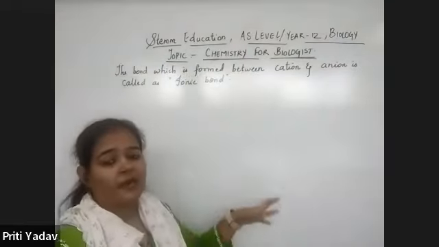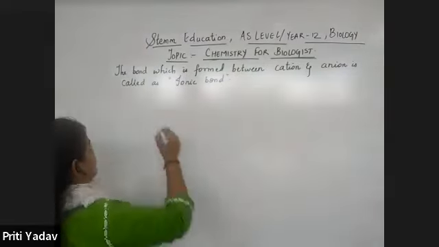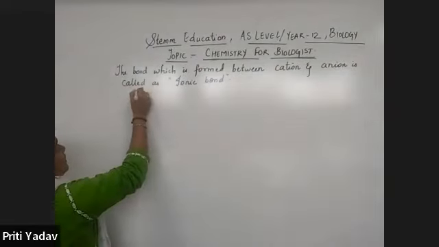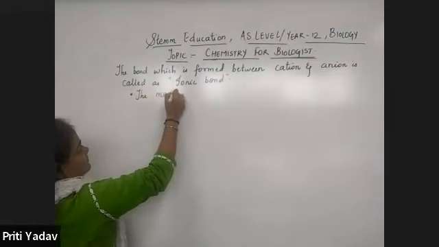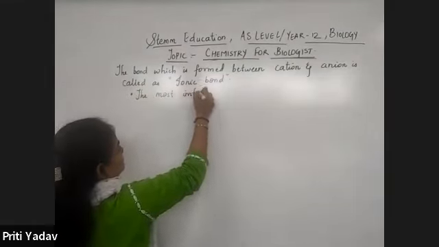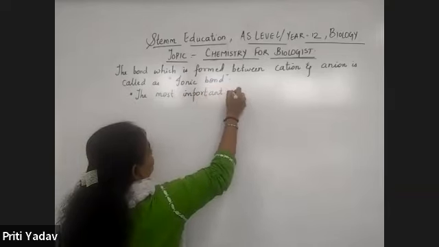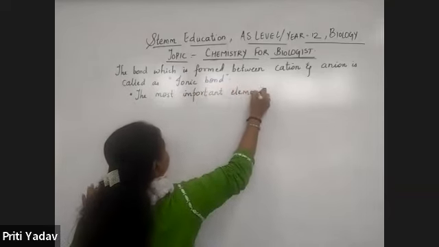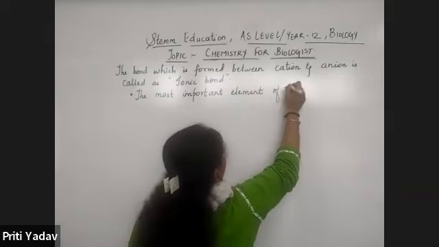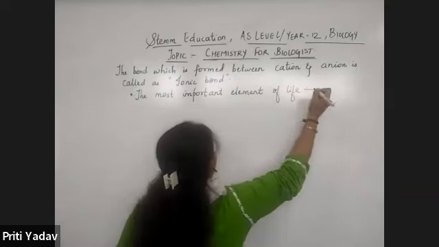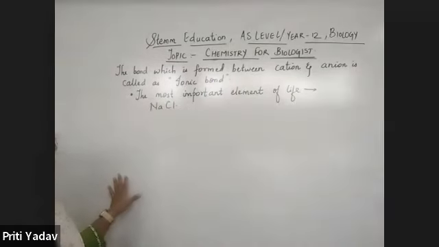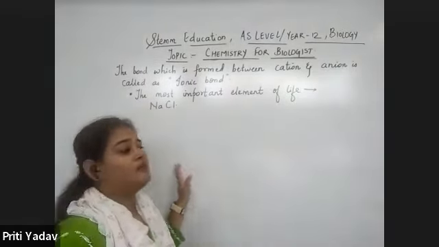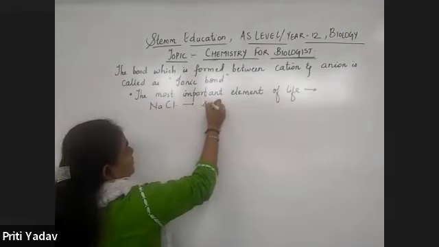And the best example for an ionic bond comes with the most important element of life, that is sodium chloride. Sodium chloride, the one which is most important.